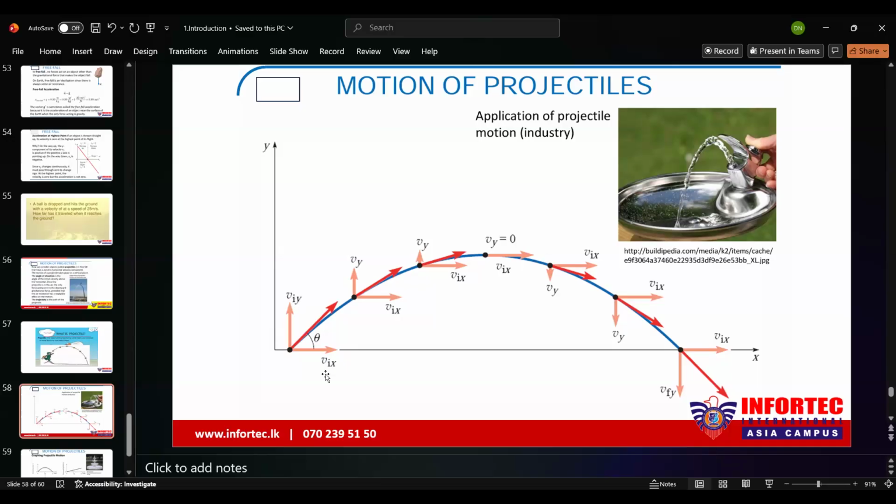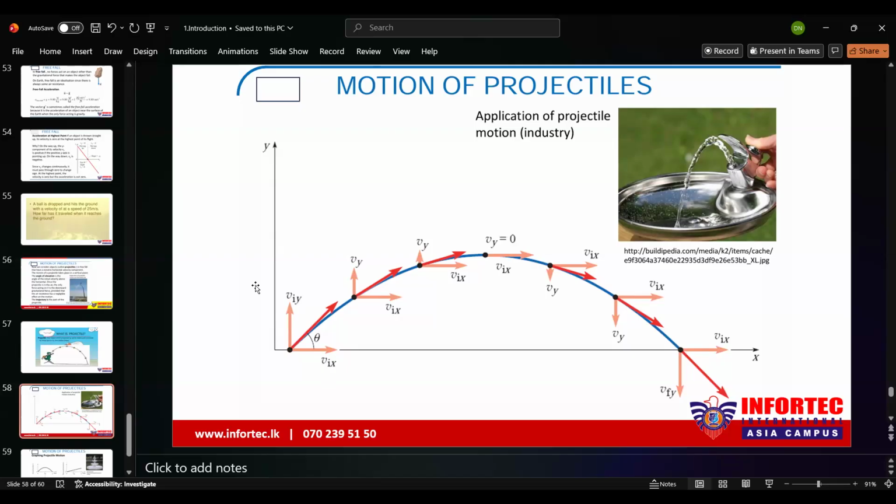I think you can understand, right? Vix represents initial velocity in the x direction and Viy represents initial velocity along the y direction. We can write these as V cos theta and V sin theta, right?